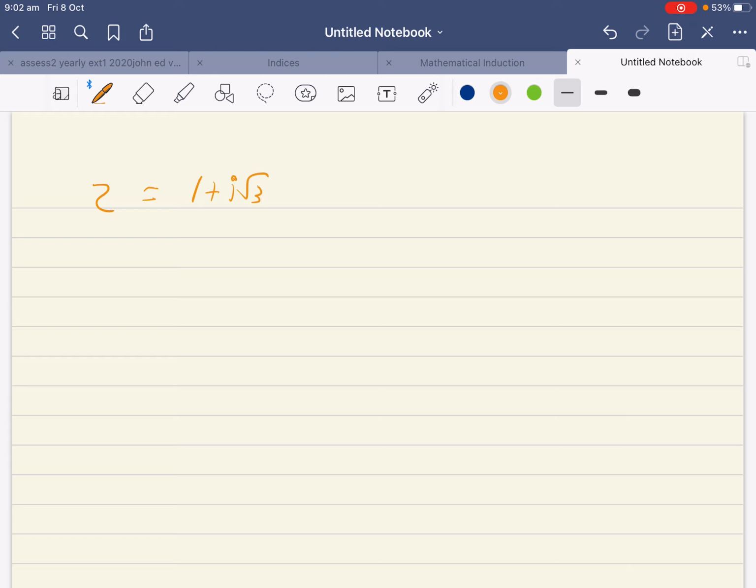Let's say you want to square root this particular term. The way we square root complex numbers isn't so bad, but there is a trick that we use, right? Because it's not just as simple as square rooting a real number, or even something like the square root of 7. That's even easier, right? Because it doesn't even square root. You just leave it as the square root of 7.